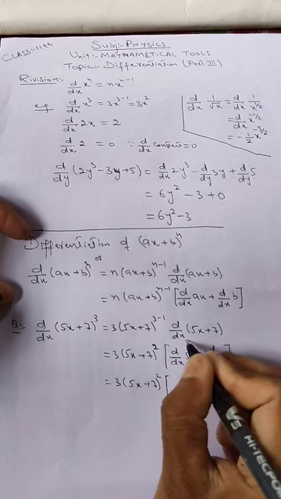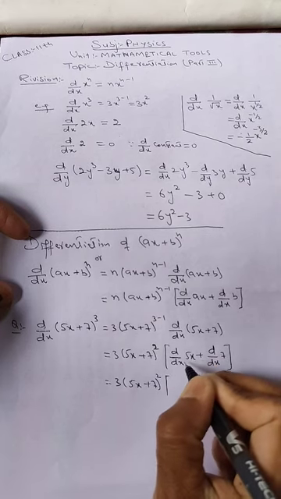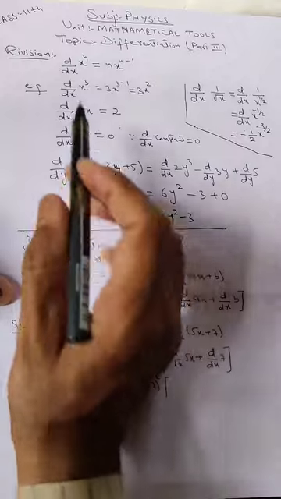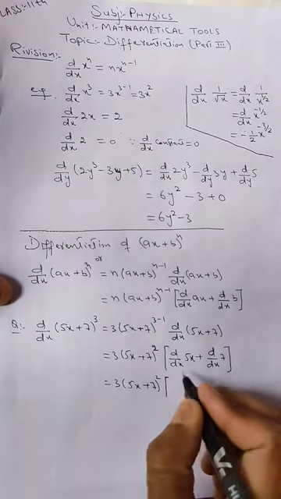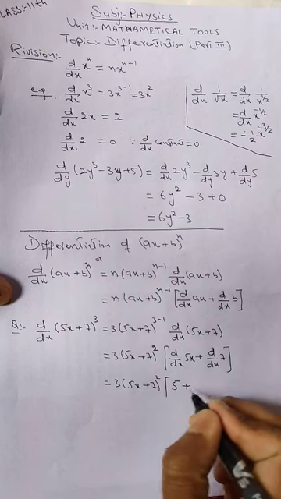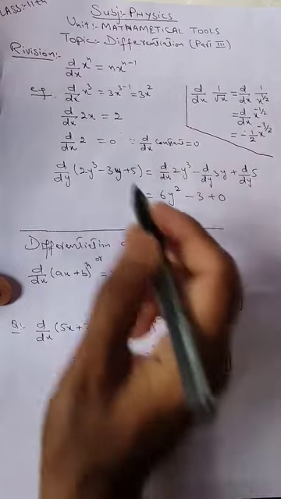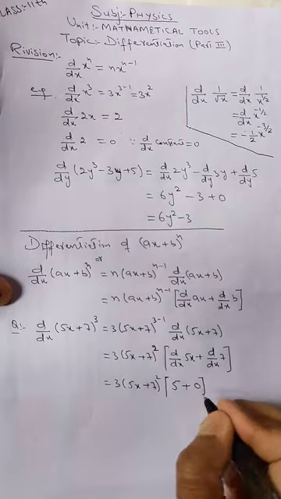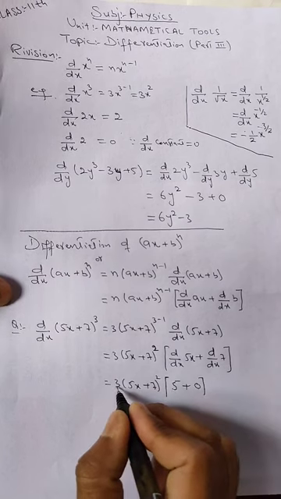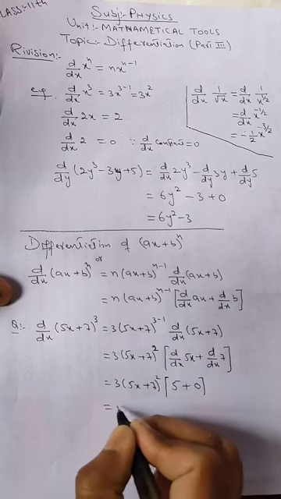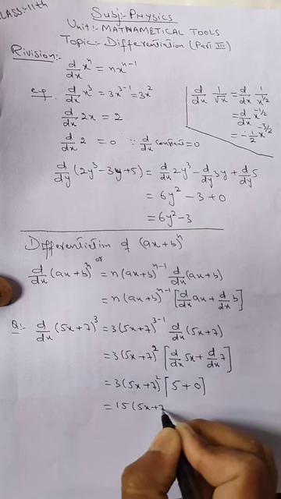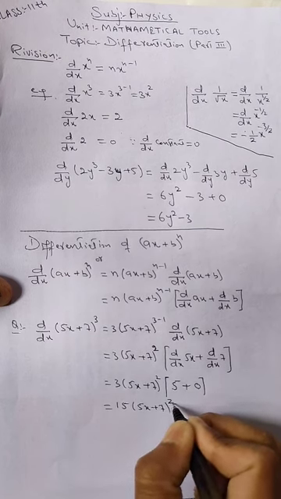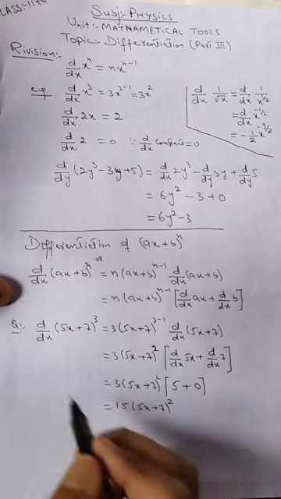Here the differentiation of 5x is 5, plus d by dx of the constant term, which is 0. Okay, so this is the answer. This 5 can be multiplied with 3, so 5 threes are 15, times (5x + 7) raised to power 2 is the answer.